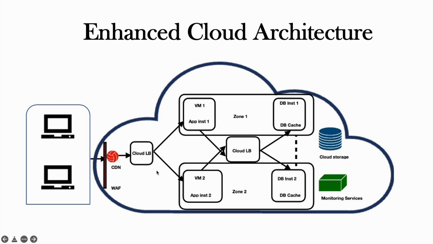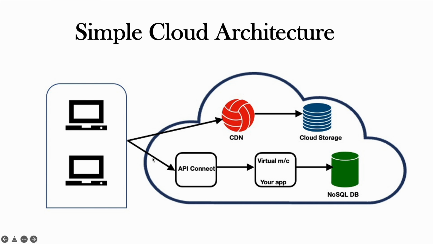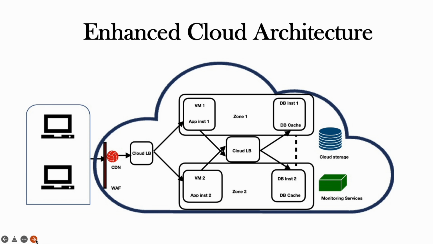Okay, and we didn't have any firewall to handle any kind of hacker attacks or distributed denial of service attacks. Those issues can be addressed with a web application firewall.